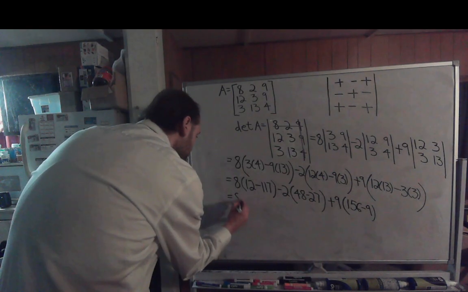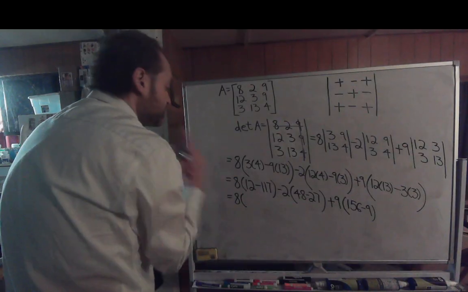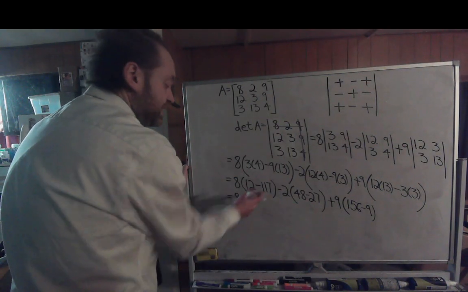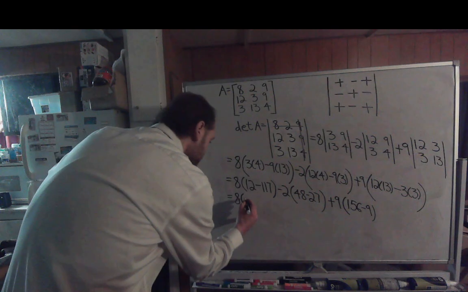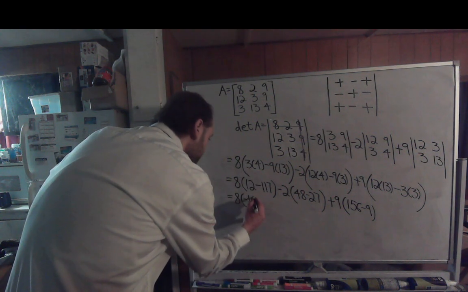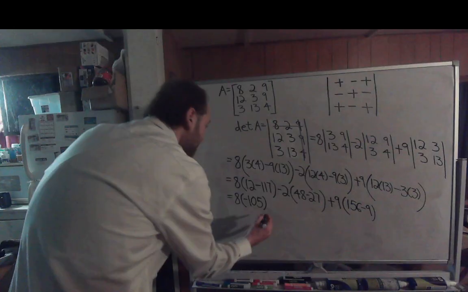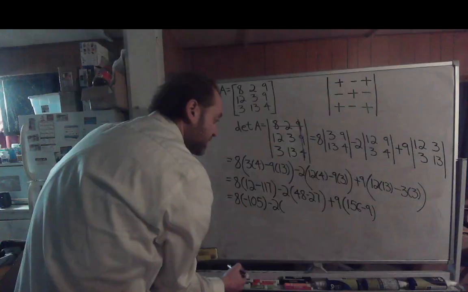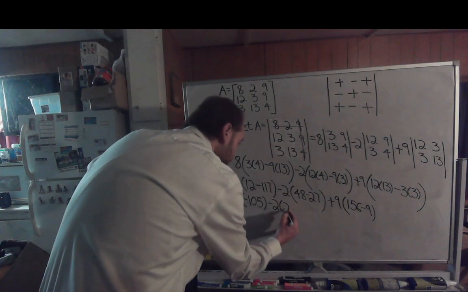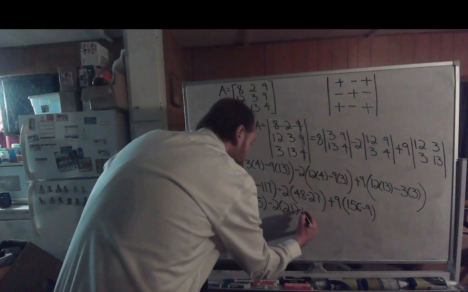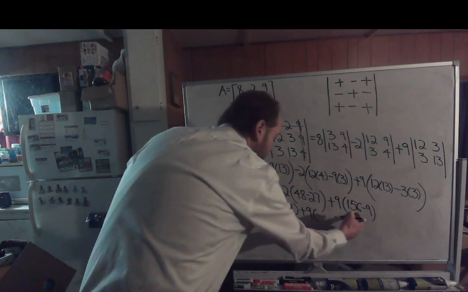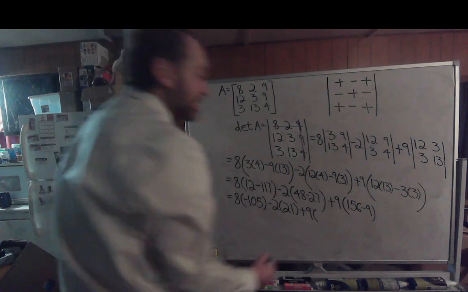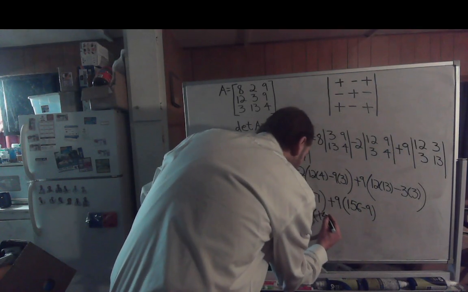Okay. 8 times, 12 minus 117 is going to be negative 105. Minus 2 times, let's see, 48 minus 27, that's going to be 21. Plus 9 times, let's see, 156 minus 9 is 147.